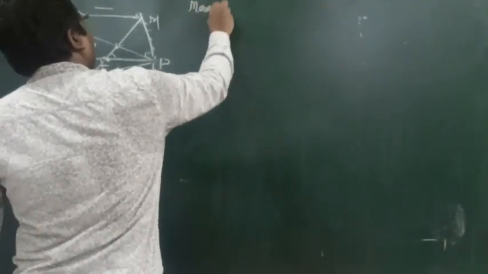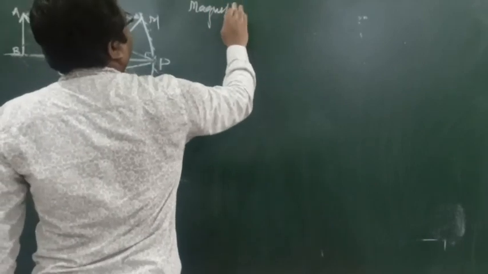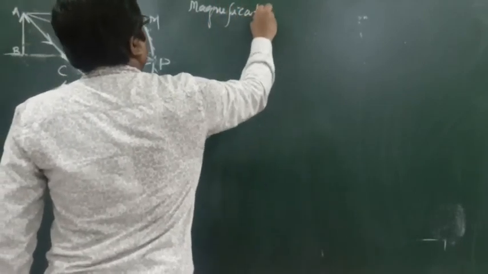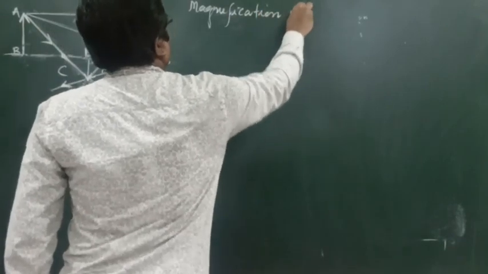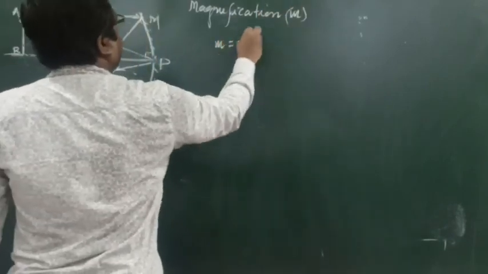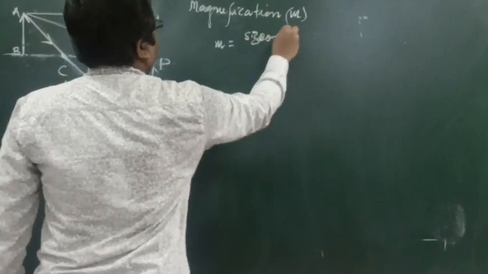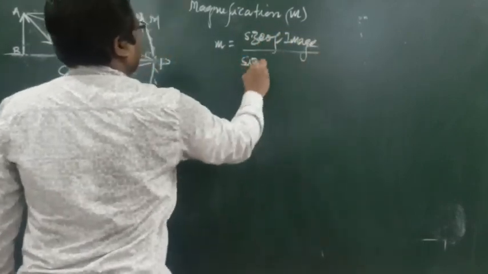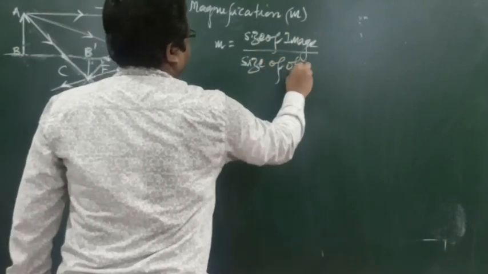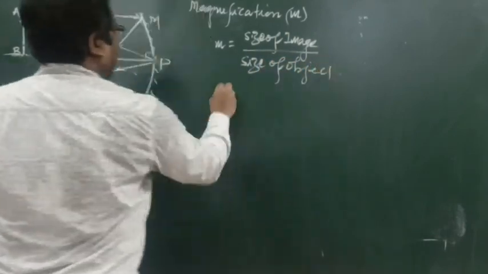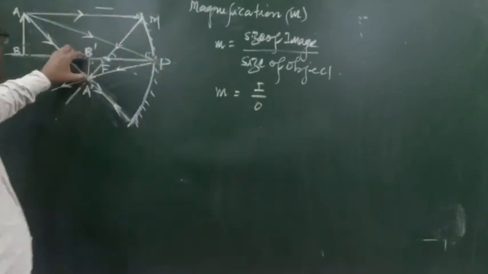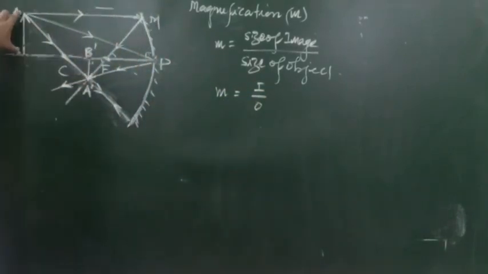We define the magnification m as the size of image upon the size of object. We write this m as I by O. We choose I as the image size, O as the object size.